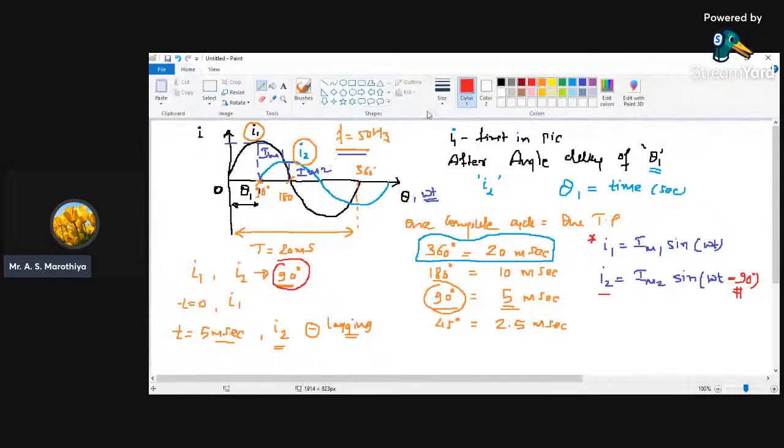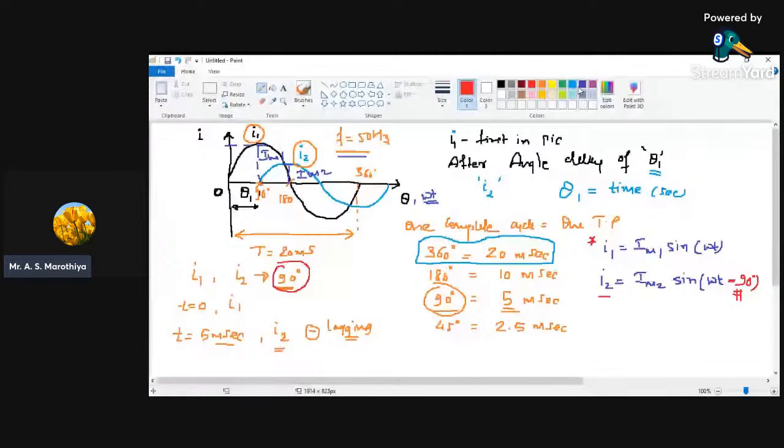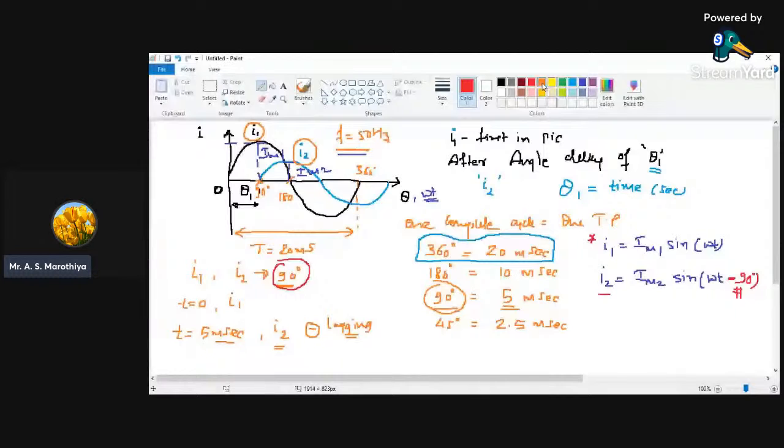It may be possible that we take current I2 as a reference. Then in that case, I1 is going to lead. So how to write the mathematical expression for those quantities? Now see here. Suppose you take I2 as a reference, so I can write I2 as I max 2 into sine of omega t. Now here I have taken I2 as a reference quantity. So with respect to this, I1 is going to appear 90 degree ahead or 90 degree before the reference quantity.